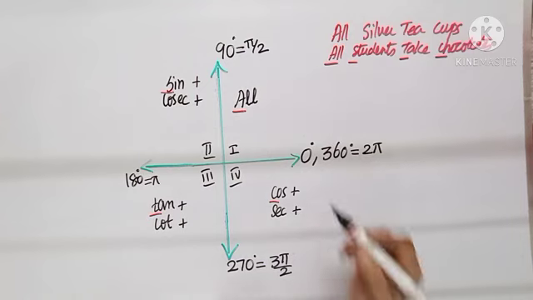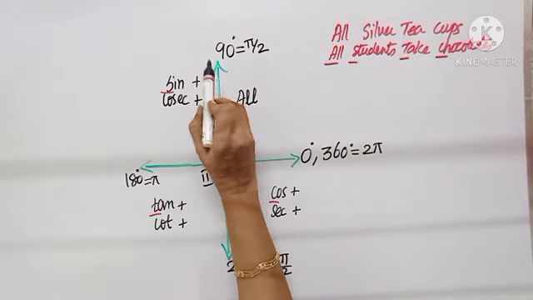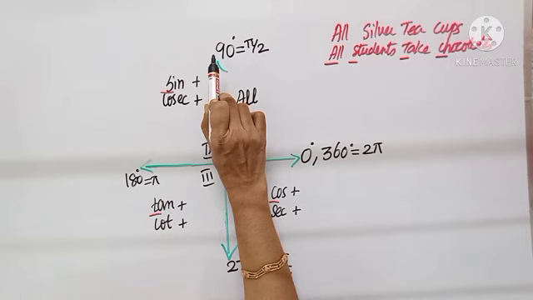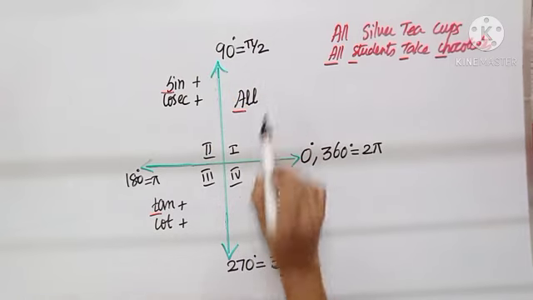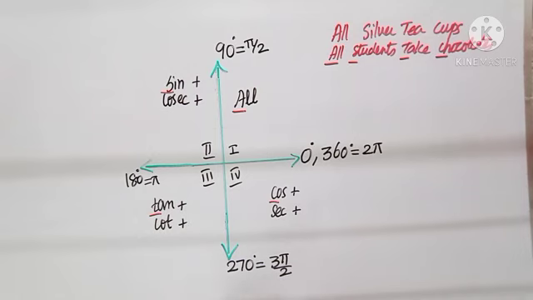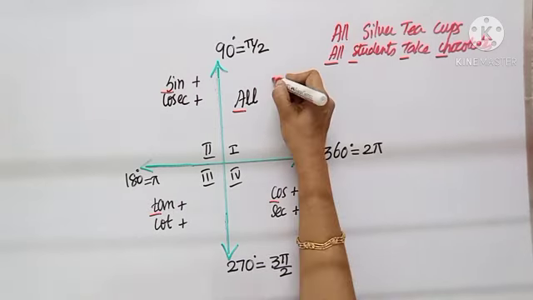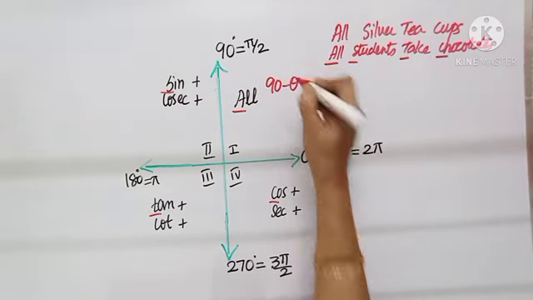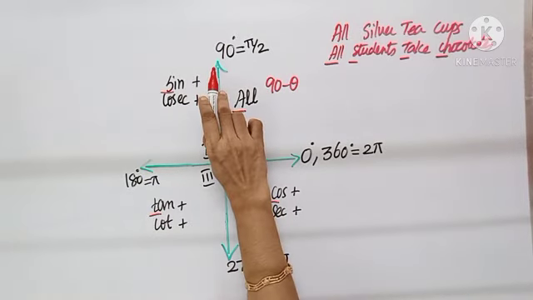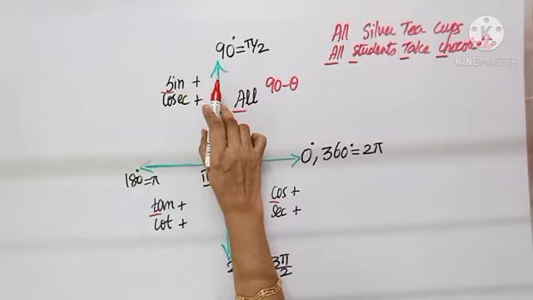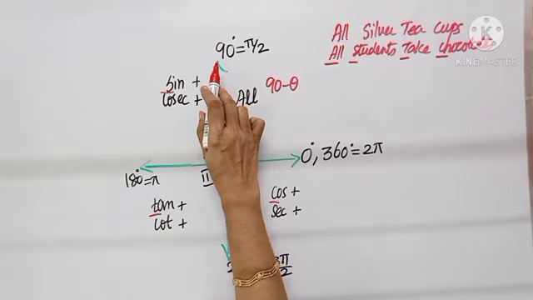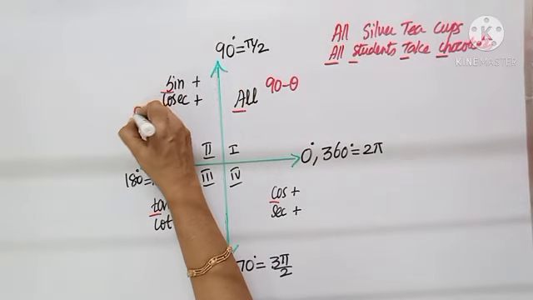Now 0 to 90, I am here. If the angle is 90 minus theta, I will be here. So 90 minus theta will come in the first quadrant. Till this is 90, minus theta will be here. Then what will come here? 90 plus theta will come here.